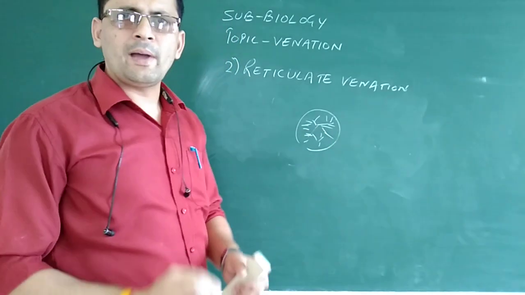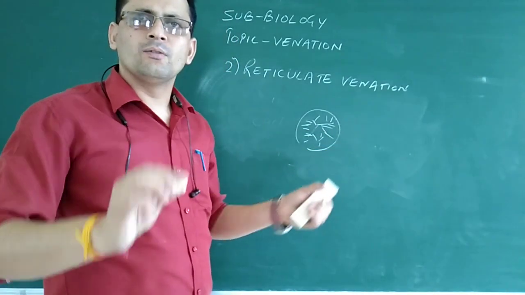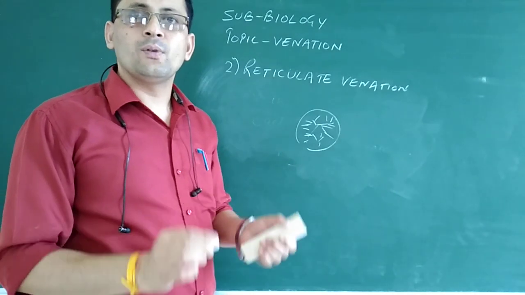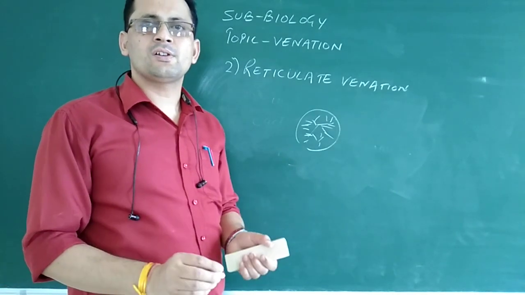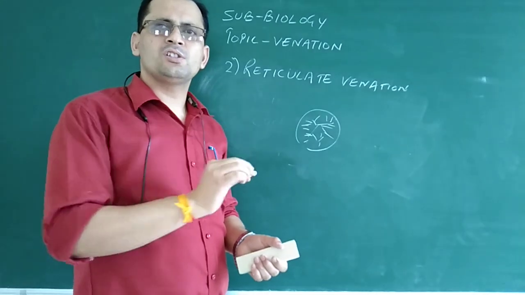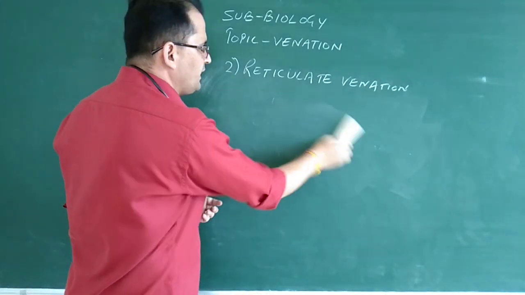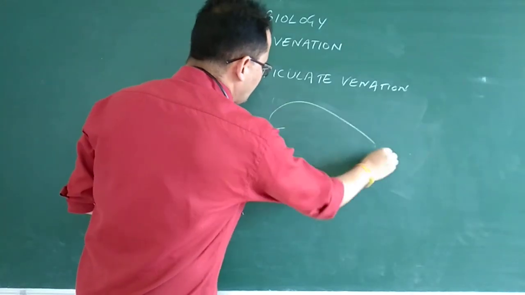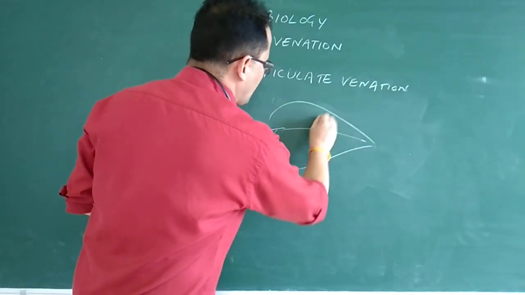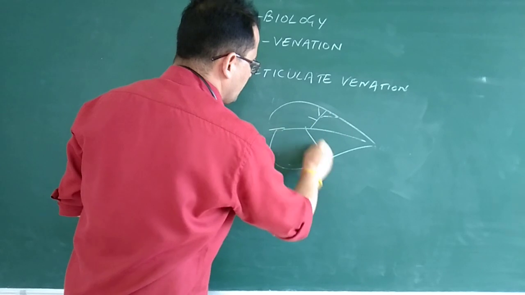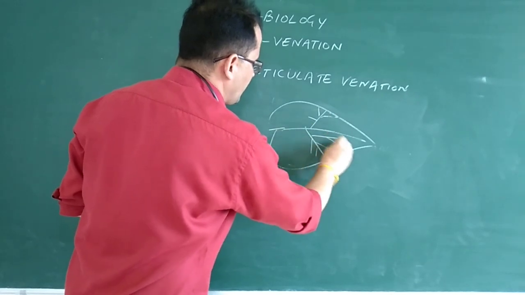The veins are not parallel, but they are forming what? They are forming a network, a net-like structure. The veins are distributed over the entire surface of the leaf. Like see, this is the leaf, this is the midrib, and this is showing reticulate venation.